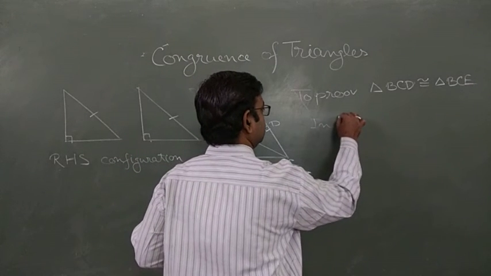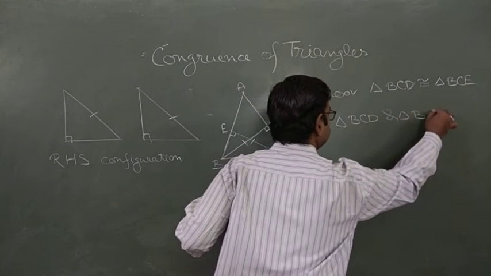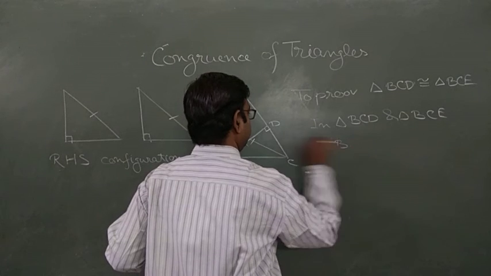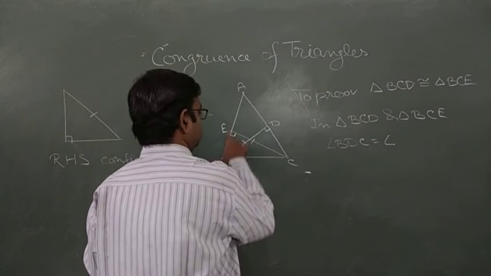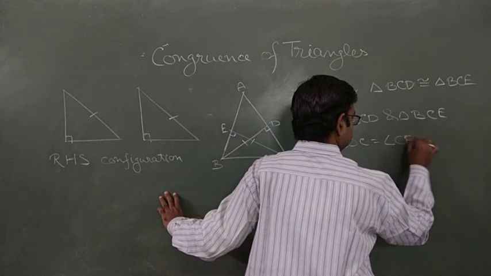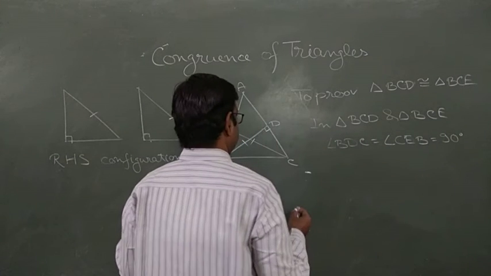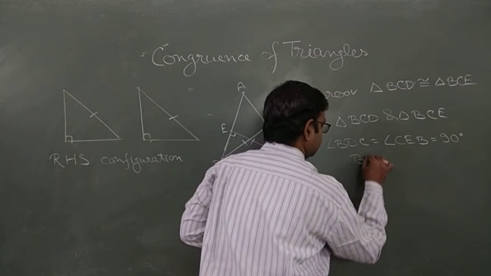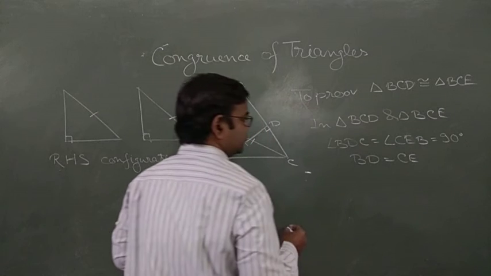In triangle BCD and triangle BCE, as we know, angle BDC equals angle CEB equals 90 degrees. It is given. And also this side BD equals CE. These two things are given to us.